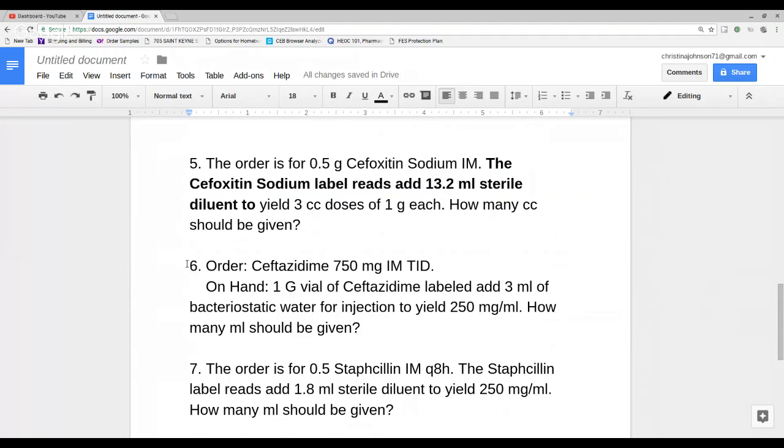On hand, we have a 1 gram vial of ceftazidime, labeled add 3 milliliters of bacteriostatic water for injection to yield 250 milligrams per milliliter. How many milliliters should be given?